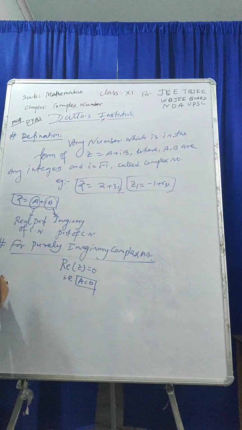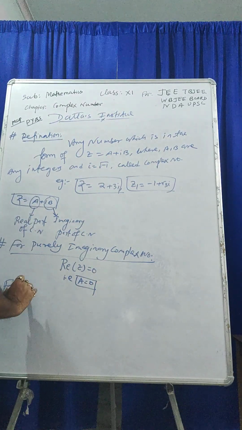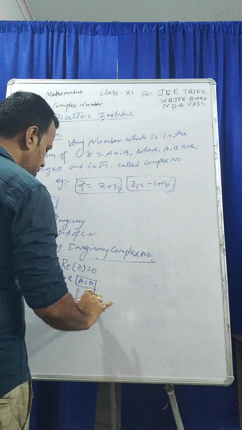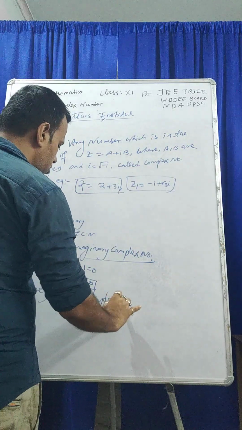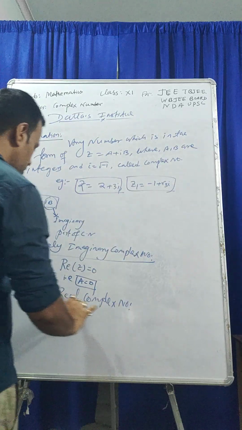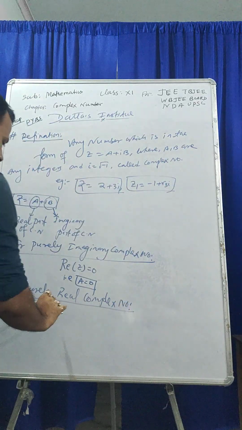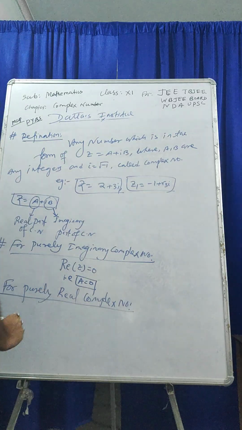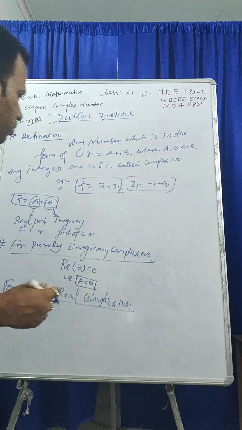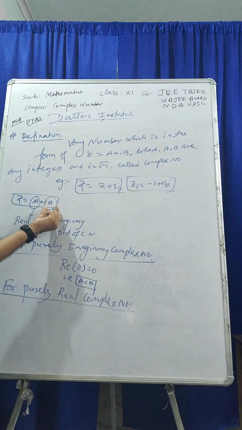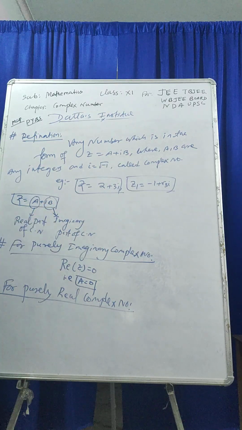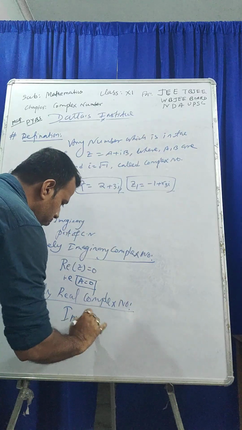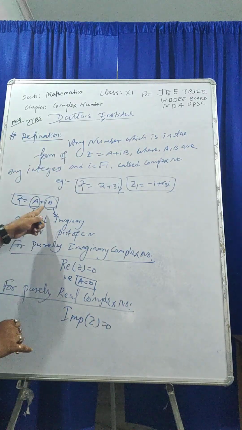Next, for a purely real complex number, the condition is like that: the imaginary part. To get a purely real complex number, this imaginary part, that is, the i part, will be 0. So Im z is equal to 0. This part is 0.